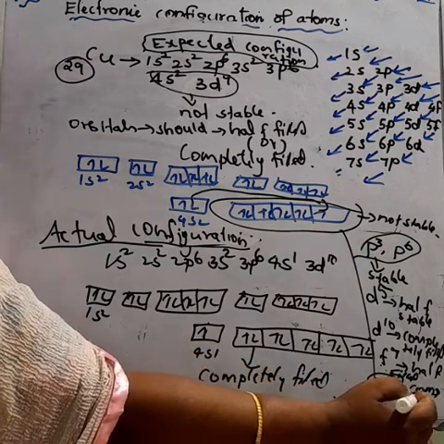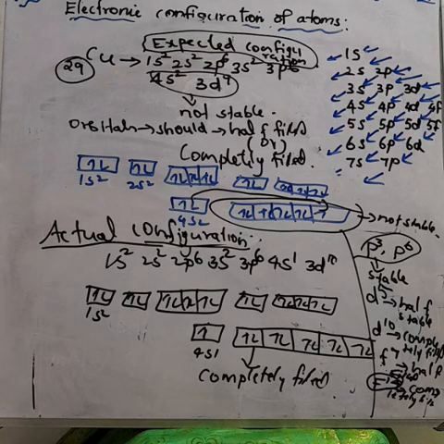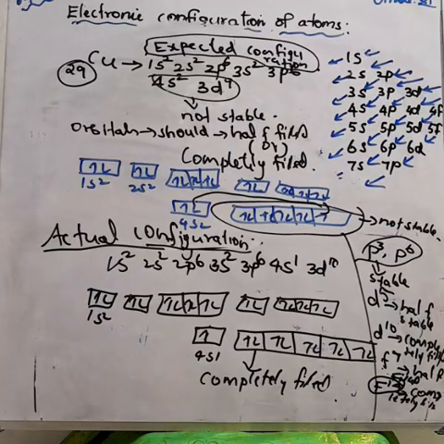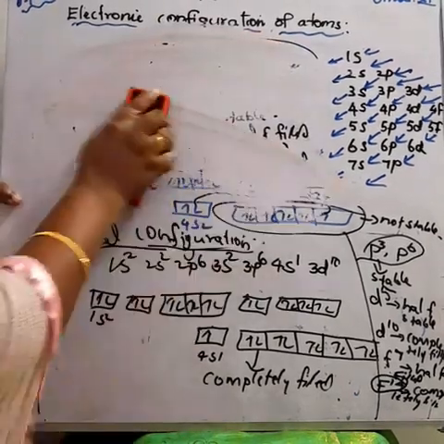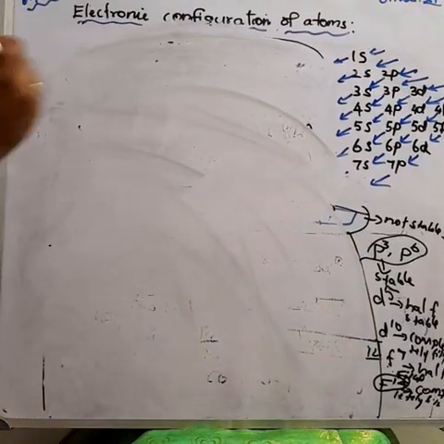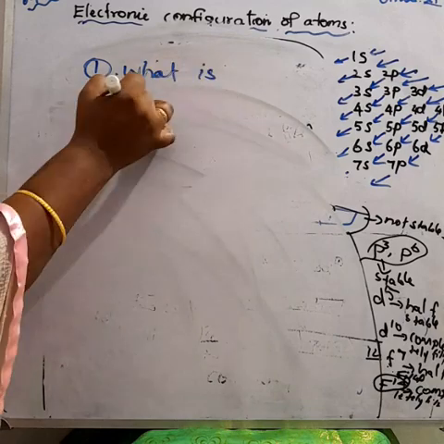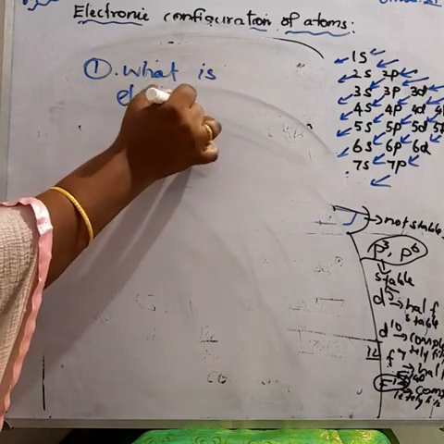Understood? These are about the stability of the electrons. Okay, students, today your assignment. Question number 1, what is the electronic configuration of an atom?